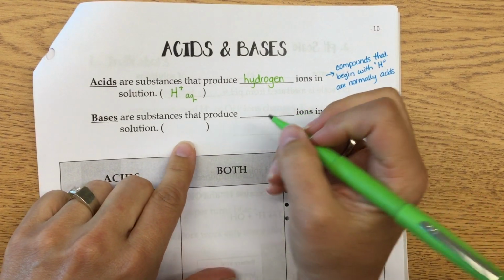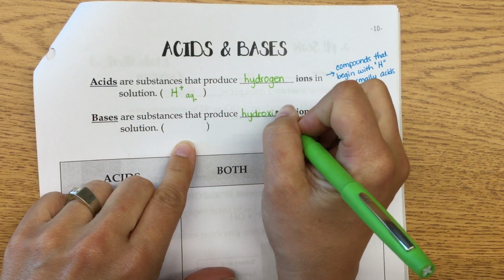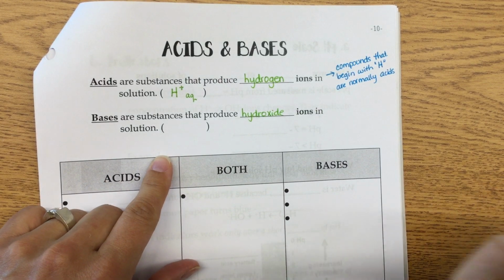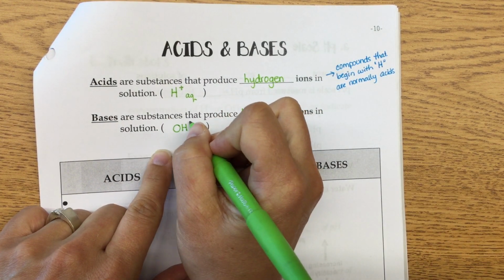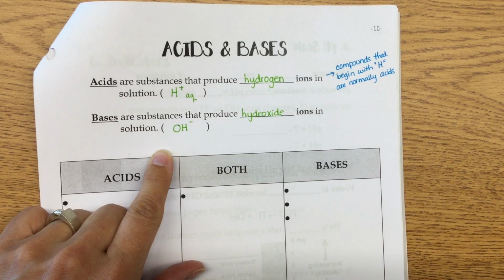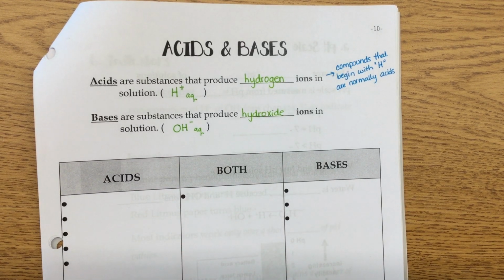Bases are substances that produce hydroxide ions in solution. And hydroxide has the formula OH, and the charge for hydroxide is negative. And if it's in a solution, (aq) again.